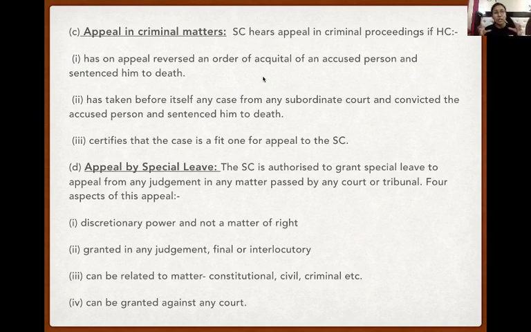Okay, so in this particular case an appeal will lie in Supreme Court.